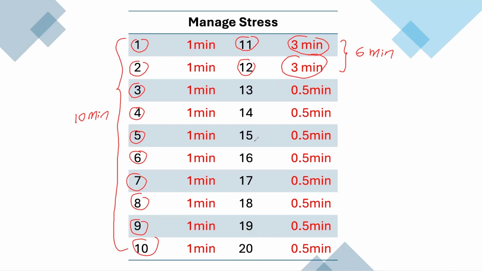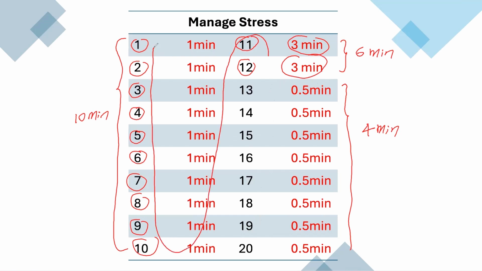But 13, 14, 15, 16, 17, 18, 19 and 20, the last set of questions, they have given very simple questions. You don't need much time. So if you add these times, it's half a minute each, so you need only 4 minutes to complete these last 8 questions. But any student who is doing the paper in order, when the student comes to question number 12, already 16 minutes are gone out of 20.